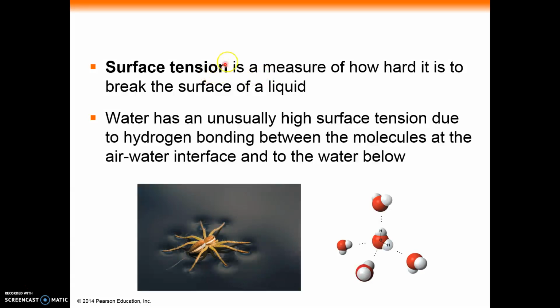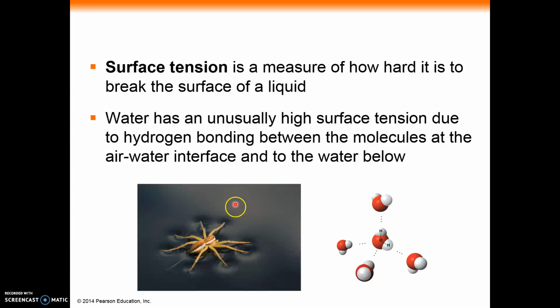Another related issue is this idea of surface tension. Surface tension is a measure of how hard it is to break the surface of a liquid. Water has an unusually high surface tension due to this hydrogen bonding, and this is particularly true at the air-water interface. You can imagine that those molecules at the surface can hydrogen bond with the water below it, but they can't really hydrogen bond with the air above it.